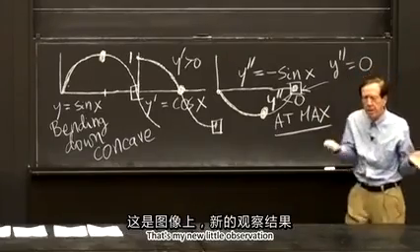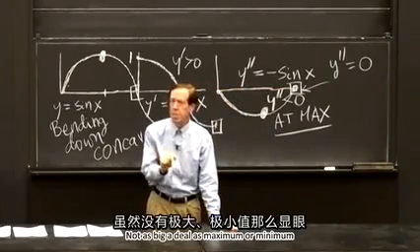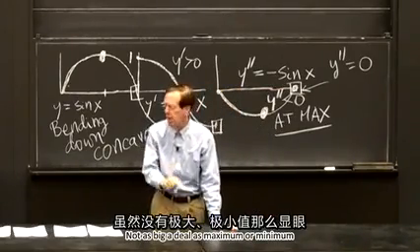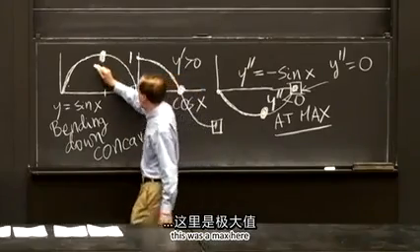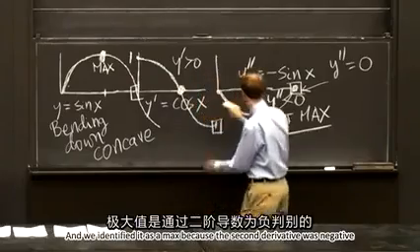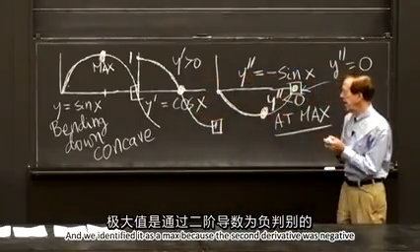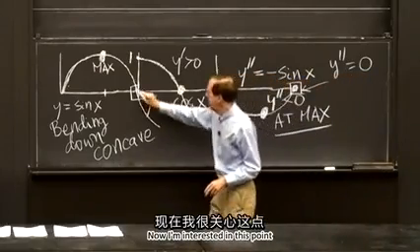Well, that's my new little observation. Not as big a deal as maximum or minimum. This was a max here. And we identified it as a max because the second derivative was negative. Now I'm interested in this point.